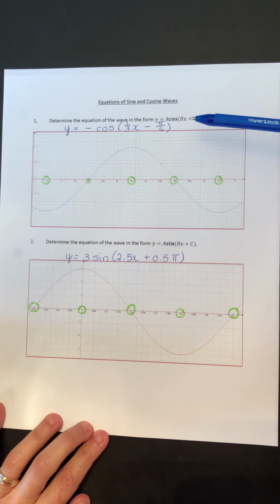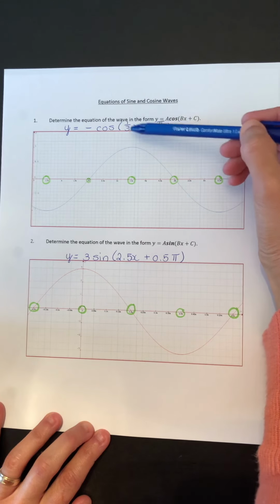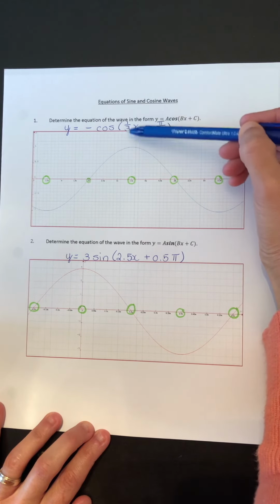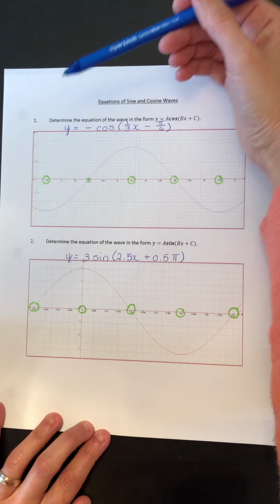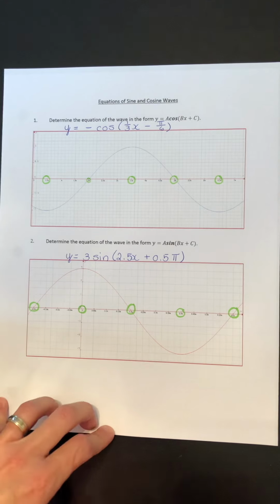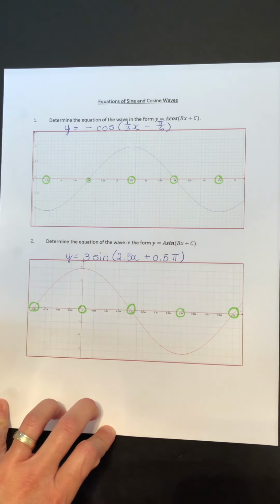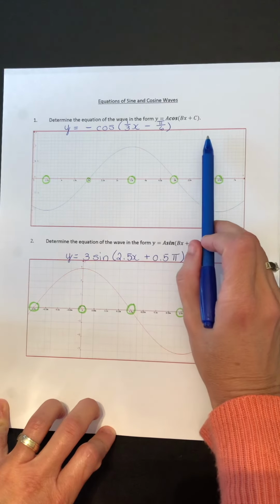Now, if I want to verify that the equation is accurate, I can simply substitute some x values into the equation, determine their corresponding y values, and see if that ordered pair is on the graph. So let me show you what I mean here. So here's equation 1.